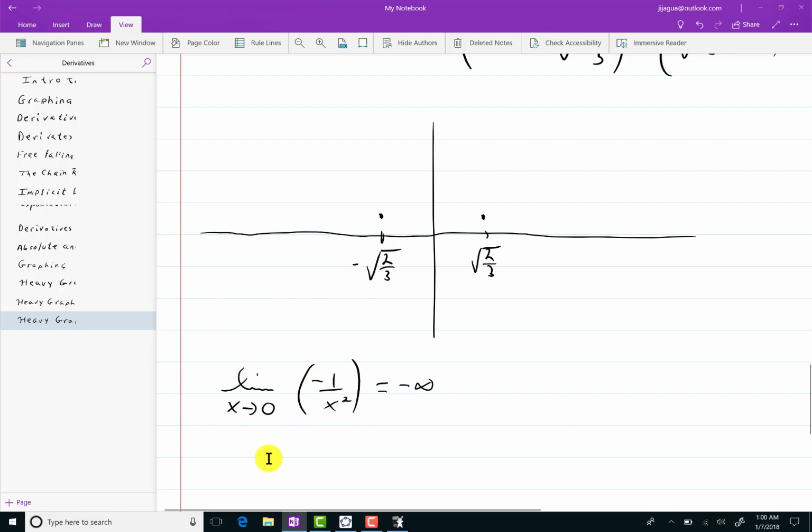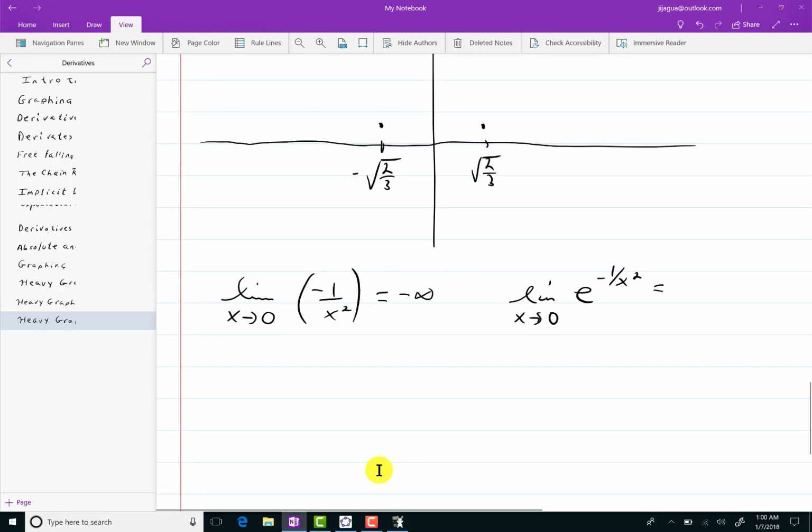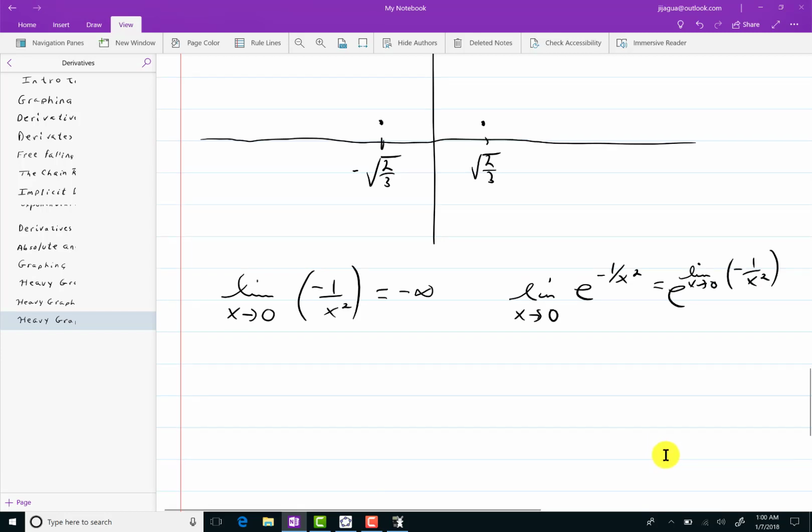So, well then, what's that doing there? Well, if you have the limit as x goes to 0 of e to the negative 1 over x squared, you should remember that e to the x is a continuous function. That means that I can rewrite this as e to the limit as x goes to 0 of negative 1 over x squared. Well, if this is going to negative infinity, e to something that is super small like that is 0.